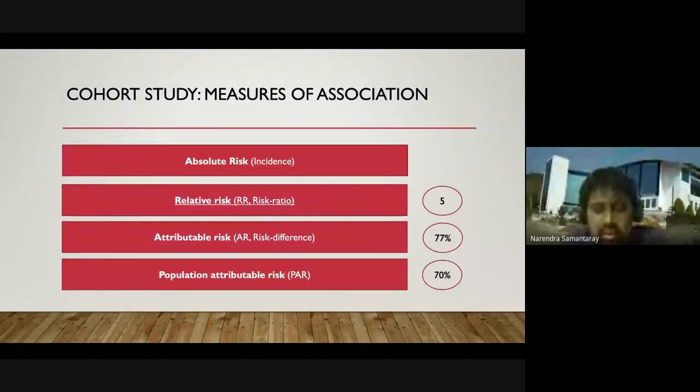If the score is 70, then we can say 70% of lung cancer will be completely eliminated from this population if smoking is reduced. This might sound a little complicated, but again, as I told, this will require a little bit of reading on your part. Then it will be easy to understand.